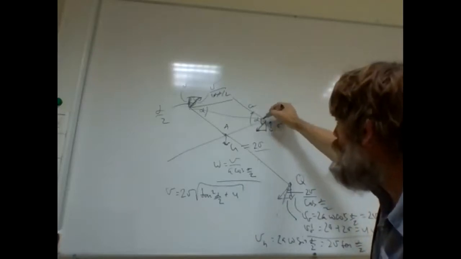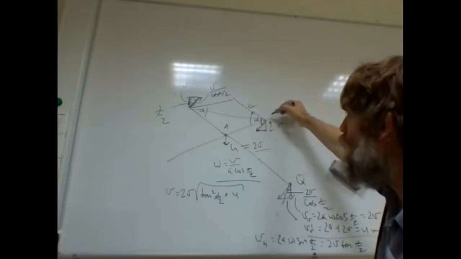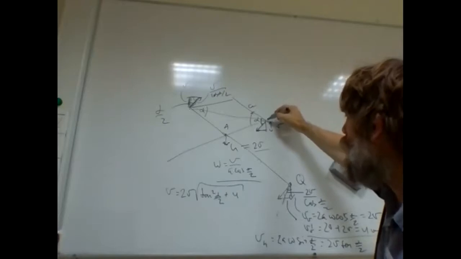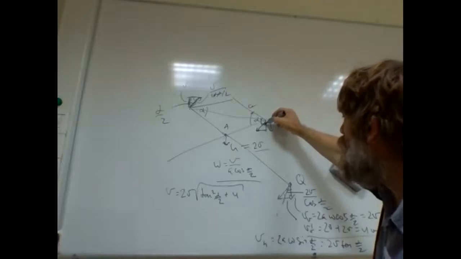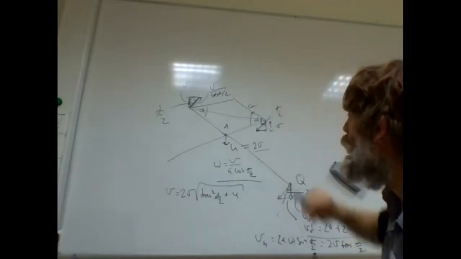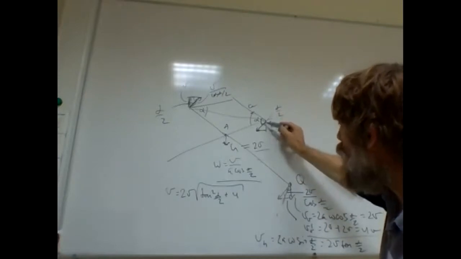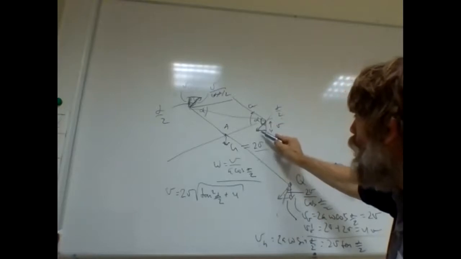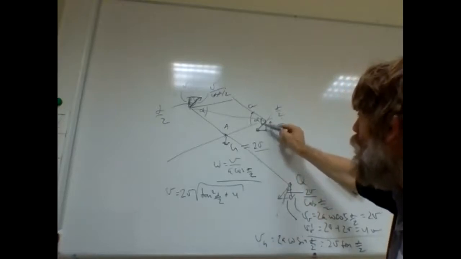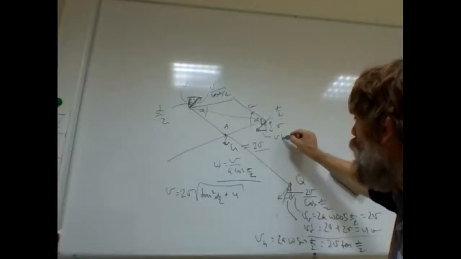So the angle formed here is alpha over 2 with the vertical. So if this is v, this is v divided by cosine alpha over 2, and here is v multiplied by tangent alpha over 2. So the horizontal is v tangent alpha over 2.